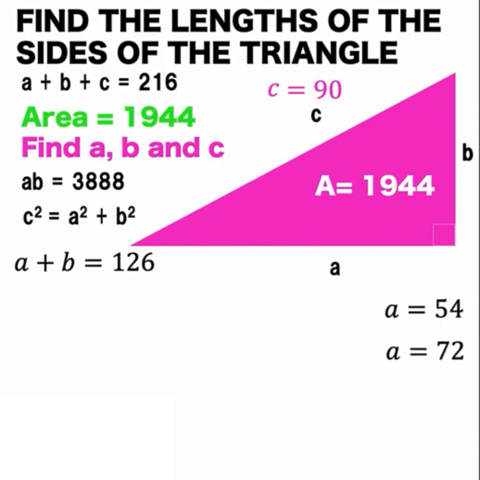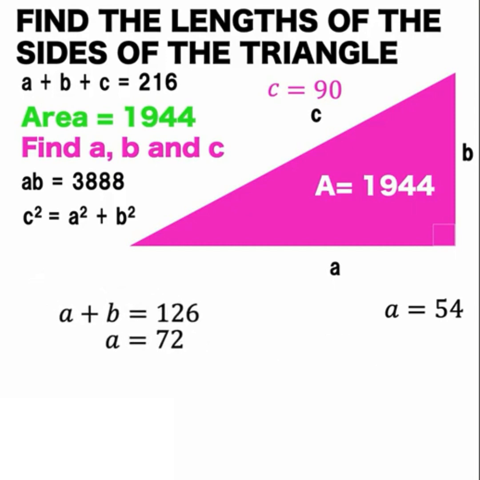Now let's test which between these two values is the correct value for A. Substituting into the equation A plus B equals 126, instead of this A, we replace it with 72, plus B equals 126, B is equal to 54, when A is equal to 72. Notice that by coincidence, this value of B is just the same as this value of A, so that if we let A equal 54, we'll also be able to get B to be 72.